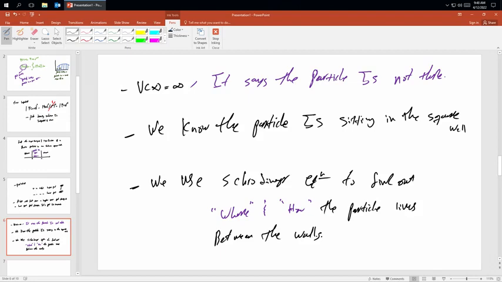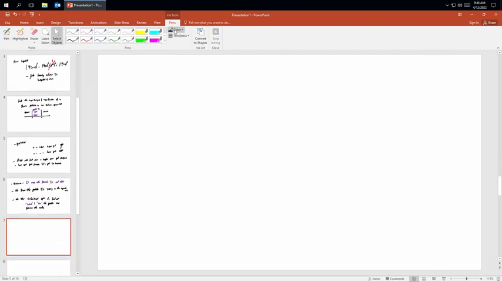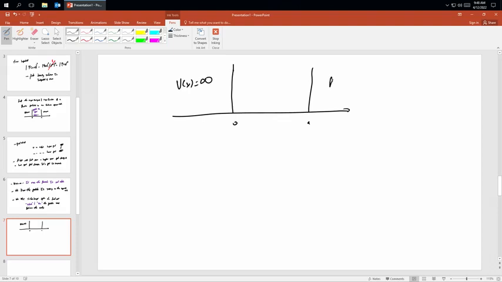Okay? So going back, let me go ahead, back on this one. So basically this is 0 to A. Your V of x is going to equal infinity on both of these sides.